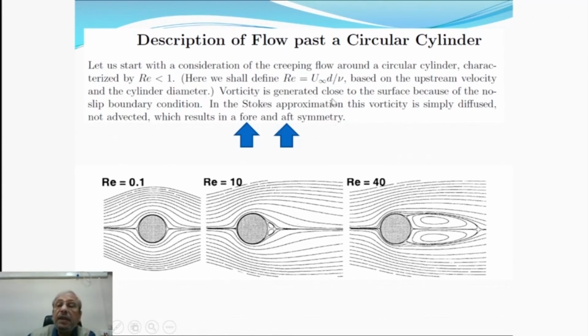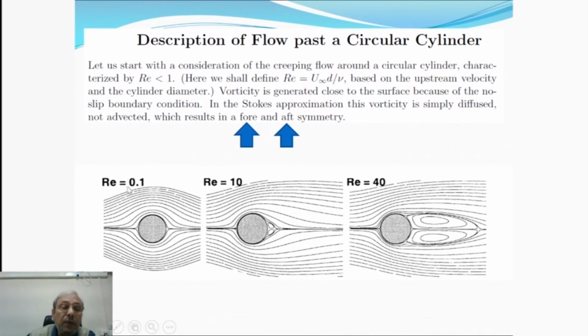Vorticity is generated close to the surface because of the no-slip boundary condition. It's obvious. In the Stokes approximation, this vorticity is simply diffused, not advected, which results in fore and aft symmetry.